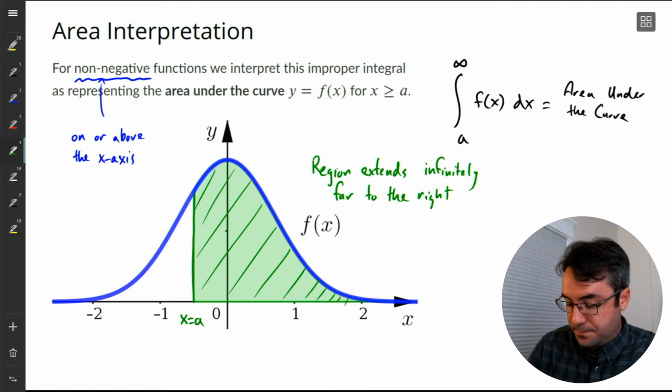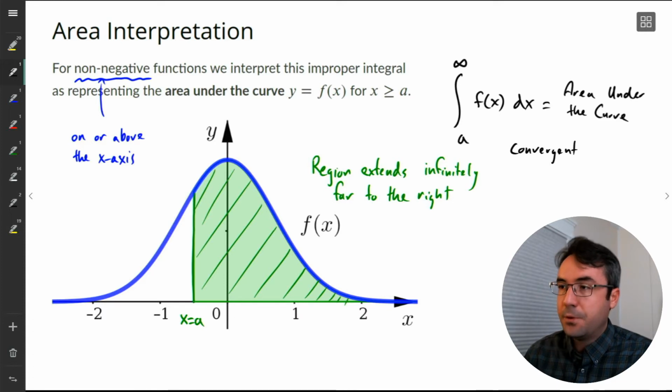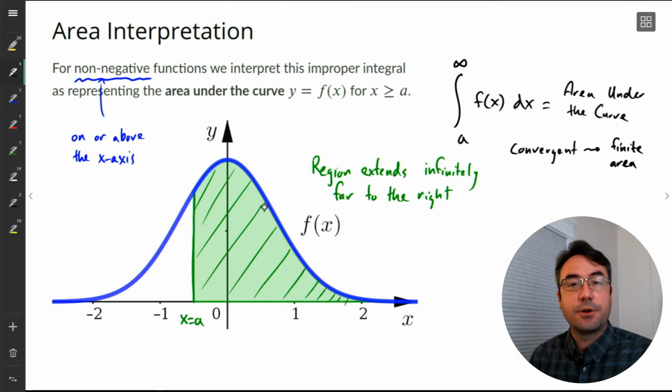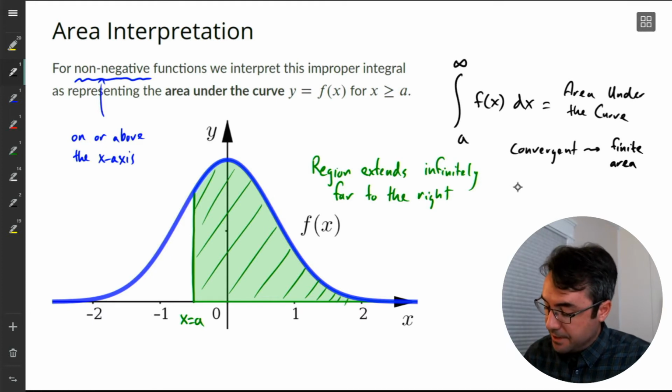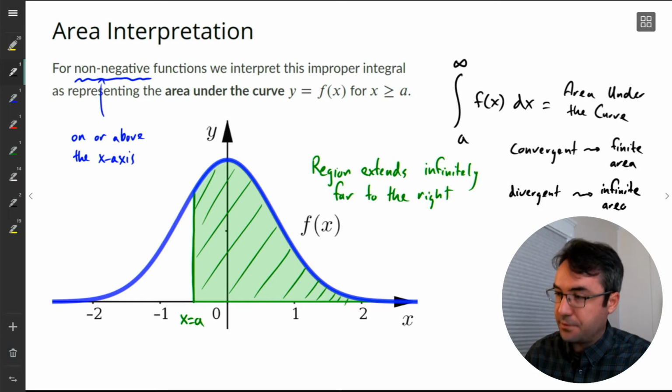So, a convergent improper integral we can think of as having a finite area. So this region under the curve has a finite area. And if it's divergent, well, then we can think of our non-negative function as having an infinite area under the curve.